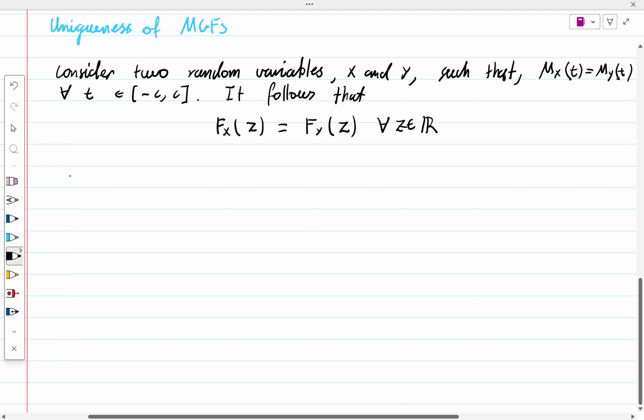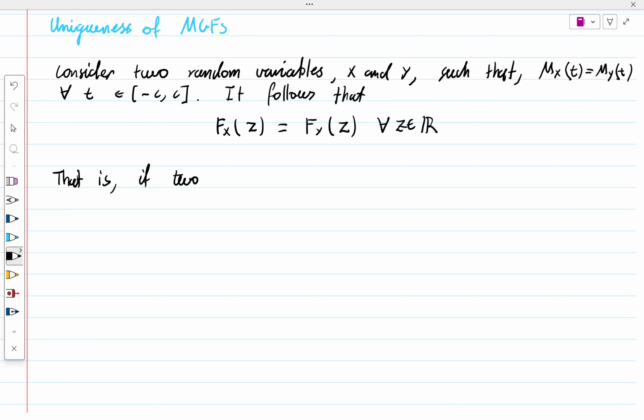And so I'll write that in maybe a bit more English. That is, if two RVs, random variables, share an identical MGF, then they also share an identical distribution function.